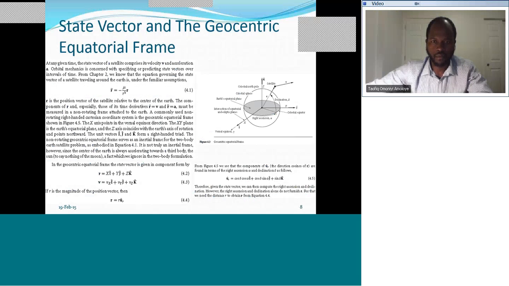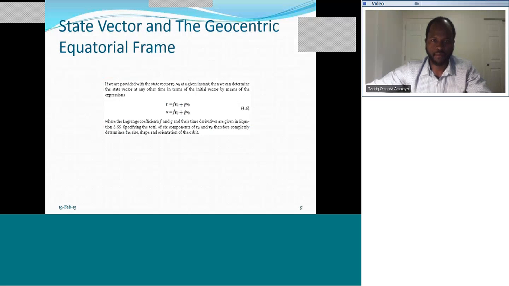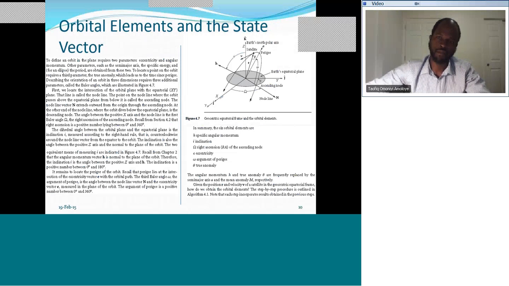Then we said, given the state vectors, we looked at the ways in which we could obtain the orbital elements, and we noted that the 6 orbital elements that are quite often used are the specific angular momentum, the inclination, the right ascension of the ascending node, the eccentricity, the argument of the perigee, and then the true anomaly.